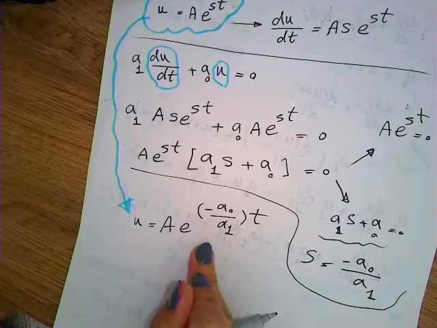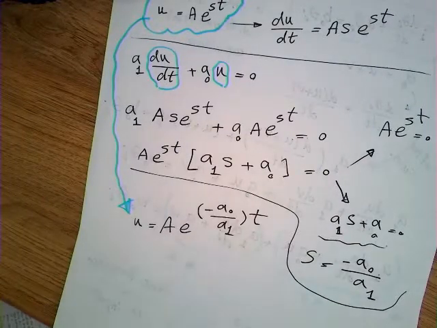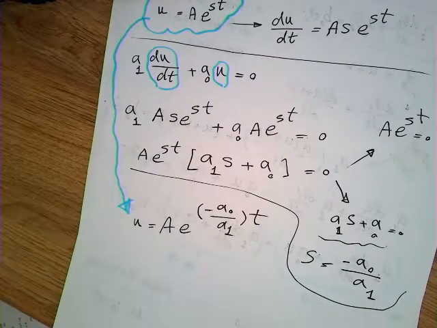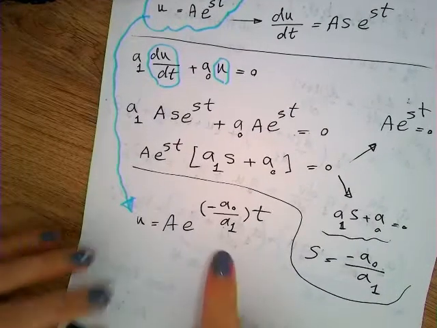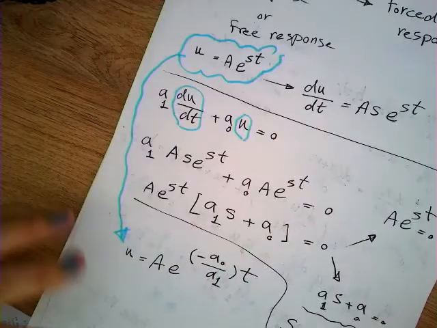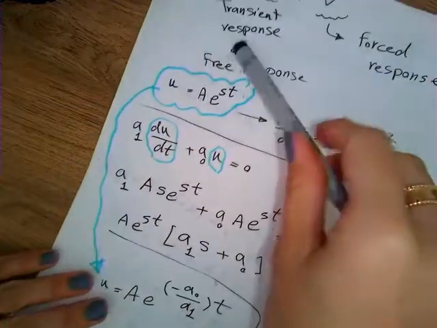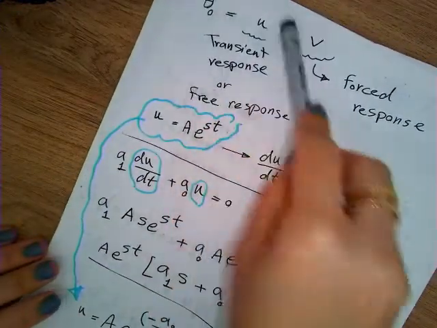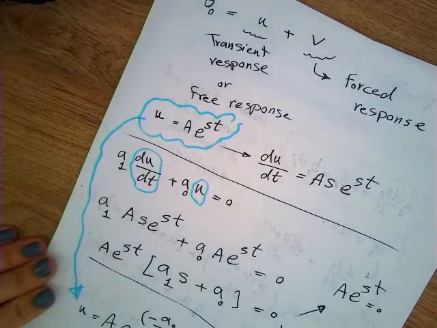Now we can look at the second part, but before I move to the second part, I need to explain something. So this part was for the transient response. Transient response is the response that is temporary and dies away.